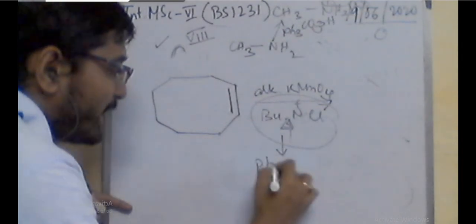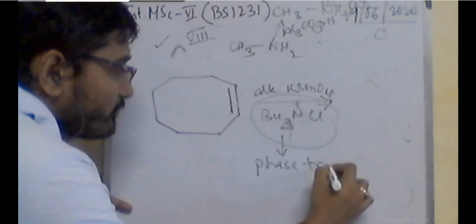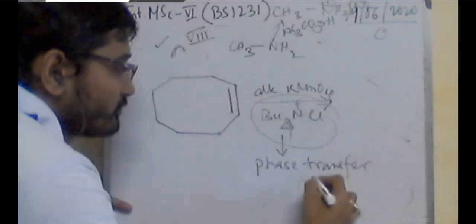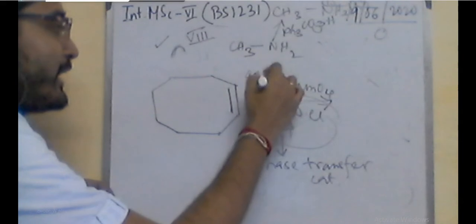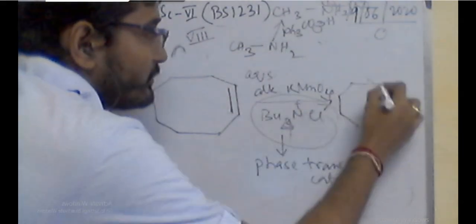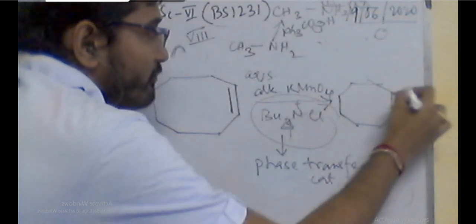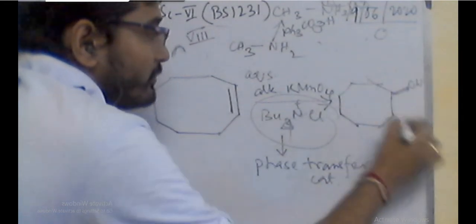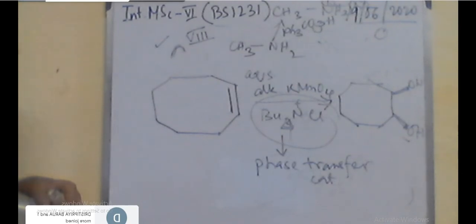The use of this phase transfer catalyst is to transfer, that means this is your organic compound and you are using some organic solvent and this is the aqueous medium. So generally say this is the DCM, the heavier layer that will remain in the lower portion, and this is the aqueous portion.